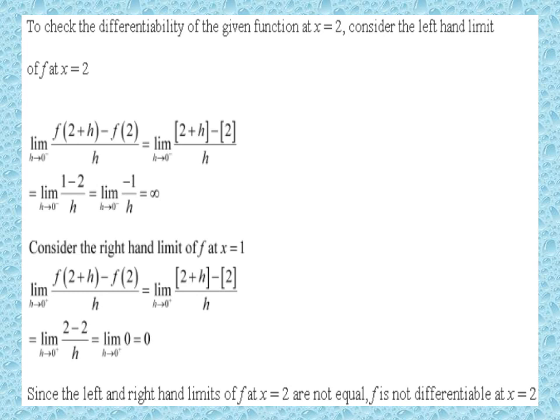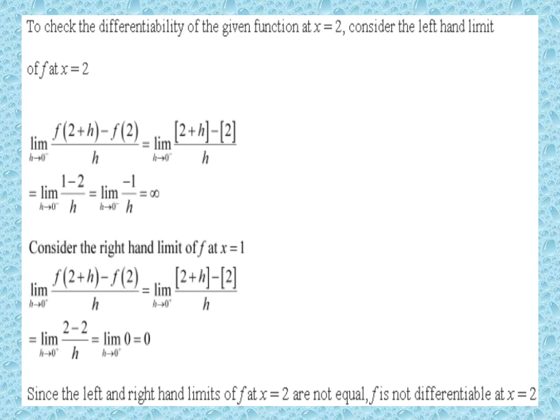Clear? So consider the right hand limit also at x = 2. Now the limit as h tends to 0 plus of f(2 + h) minus f(2) upon h. So 2 plus h is 2 plus some very small number, so 2.001 can be there. And 2.001 to the nearest lower integer is 2. So in place of [2 + h] we are getting 2. So 2 minus 2 upon h, that is 0.